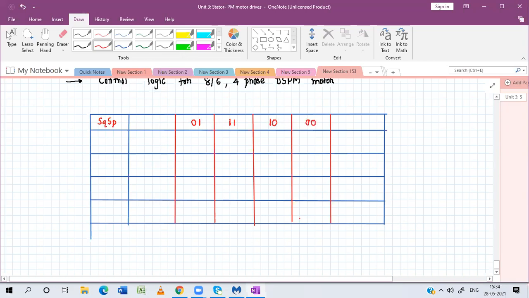So these are 4 possible combinations. Now we have 4 phases: phase A, phase B, phase C, and phase D. Now for phase A, we have switch numbers S1 and S2. It is for phase A. See this diagram.